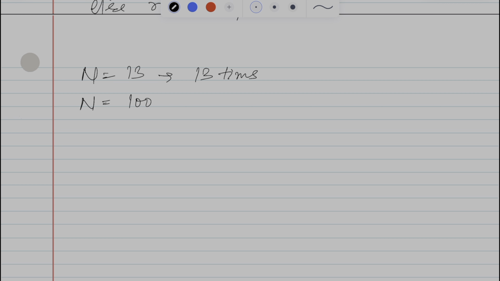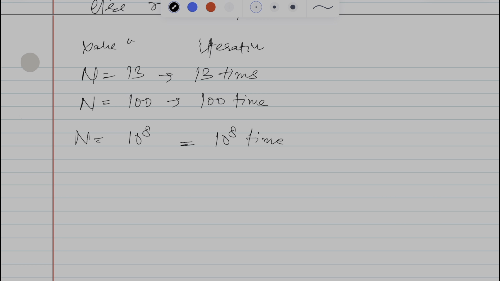If n is equal to 10 to the power 8, it will run 10 to the power 8 times. This is the iteration count, and this is the value of n.